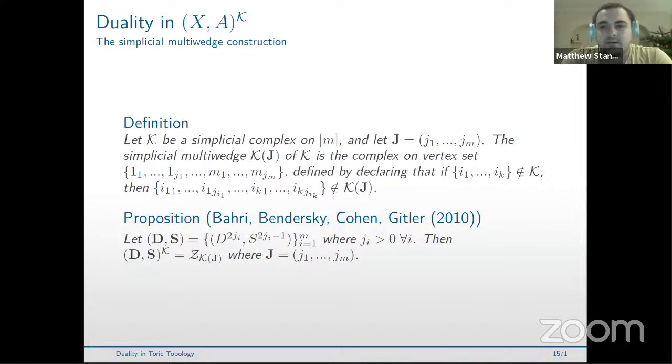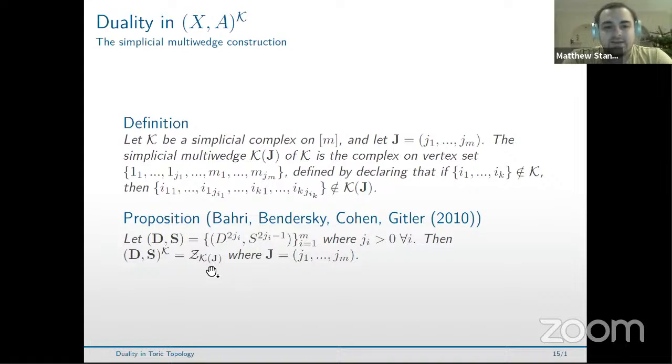Now, the key point of this proposition is that it allows us to express this other family of polyhedral products, which are not a priori moment angle complexes, as moment angle complexes. And I'm not giving the theorem here, but we'll see the theorem in a couple of slides' time, which says that, in fact, this K of J, this simplicial multi-wedge, is a generalized homology sphere if and only if the simplicial complex K is a generalized homology sphere itself.